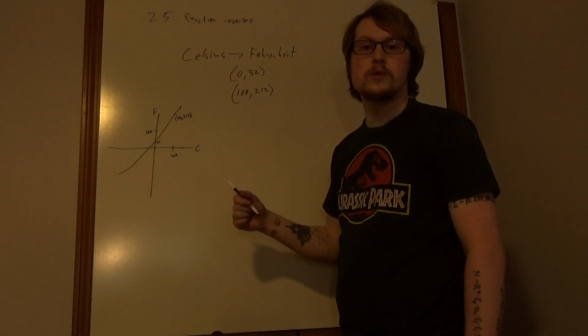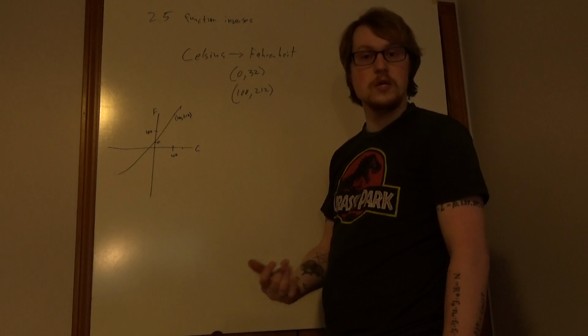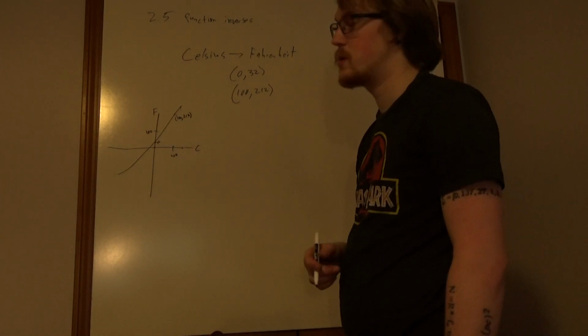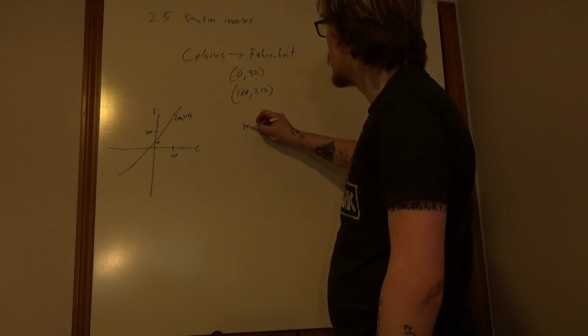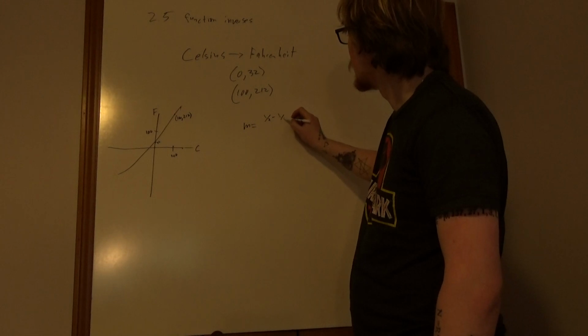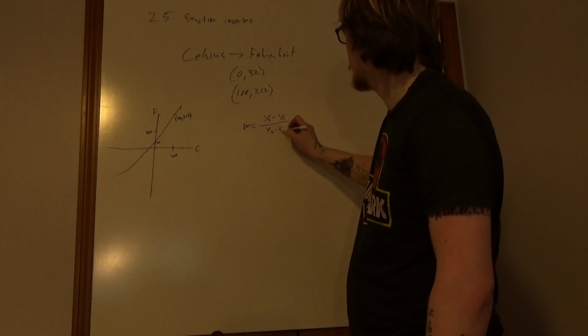These are two points which we know lie on the line, so they uniquely determine the line, and we can use these to find the slope and intercept for an equation. We know that the slope of a line is y2 minus y1 all over x2 minus x1.